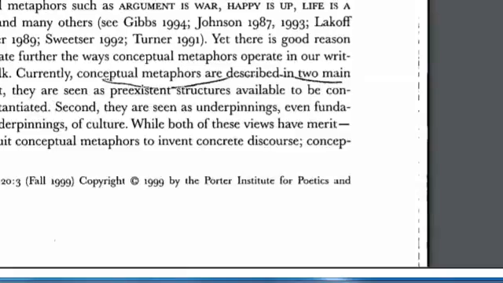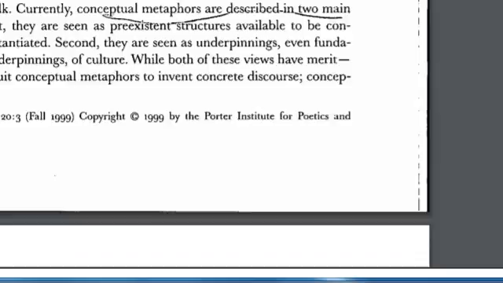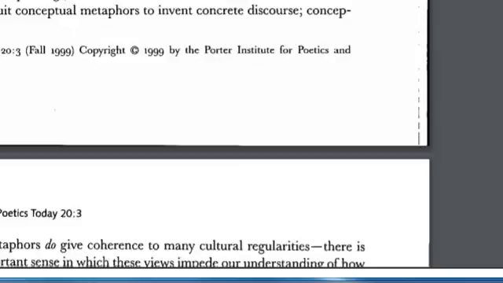Typically, I will read the abstract to figure out one, if it's in language that I can comprehend, and two, if it sounds like something that'll be of use to my research project.